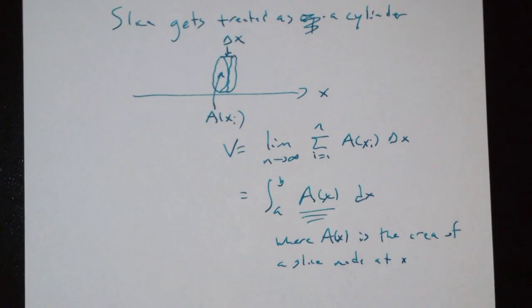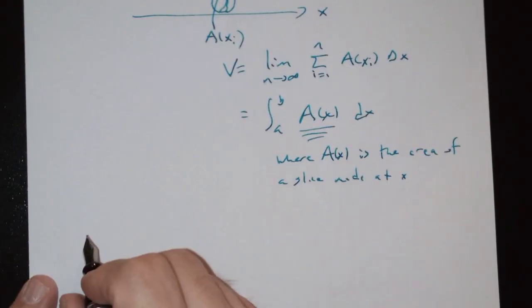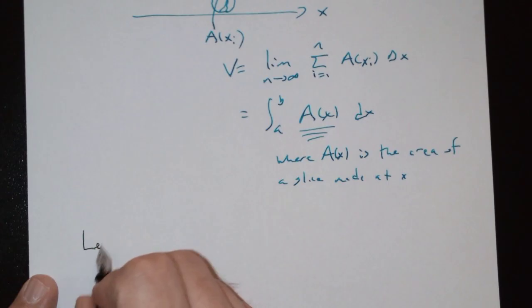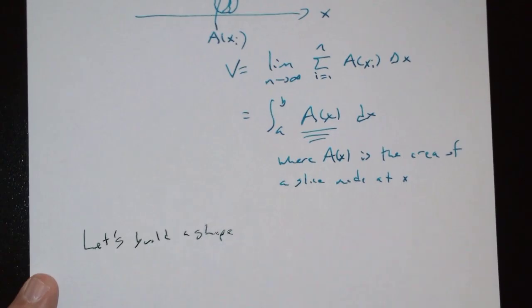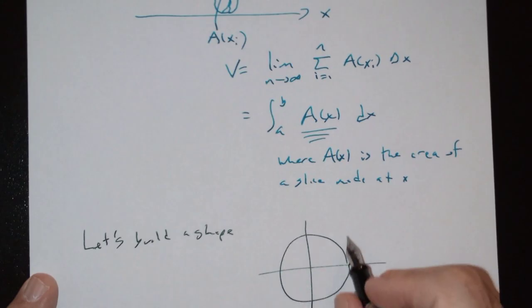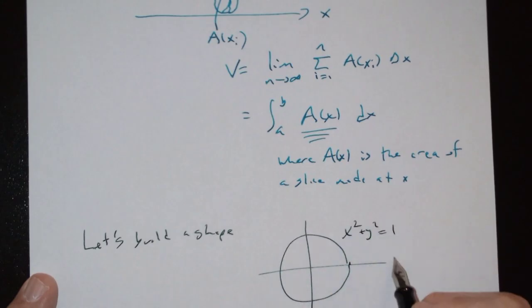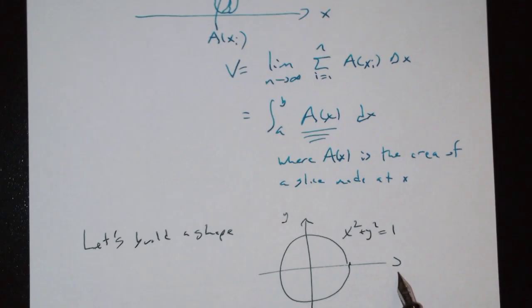Okay, hang on a second. I'm going to create a shape by making slices. Here's a circle of radius 1.